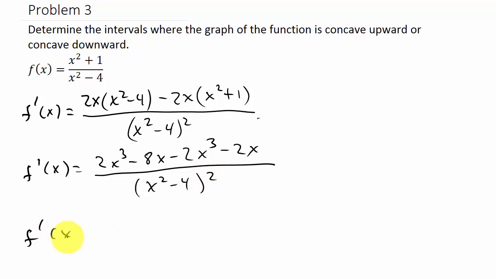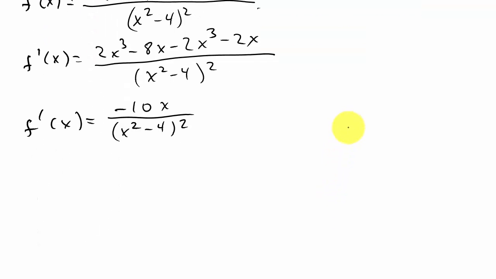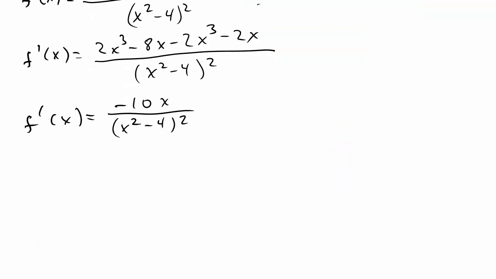Those cancel out, so I'm left with negative 10x over x squared minus 4 squared. Alright, so there's the first derivative. Now to find the second derivative.